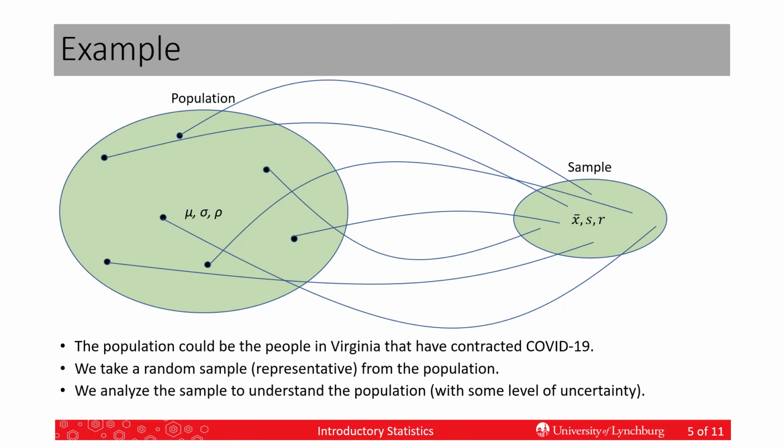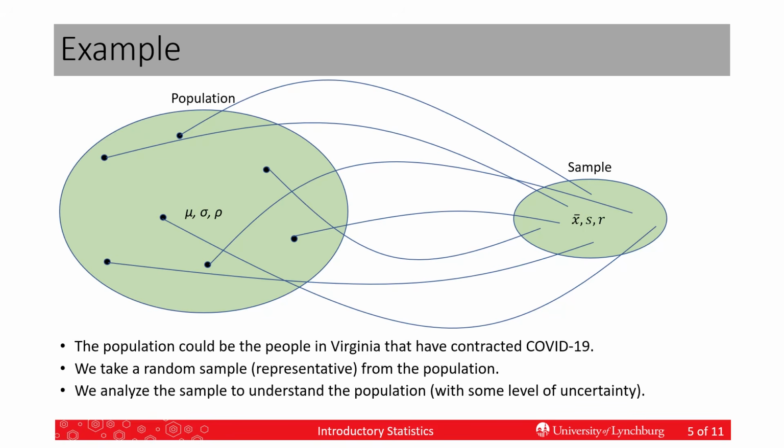We want to know something about this. So what we do is we draw a random sample, which is fairly small. We start randomly selecting individuals from that population, and that becomes our sample, which is the oval on the right side. We analyze that sample, we perform calculations, we use statistical techniques, and then we can draw conclusions about the whole population.